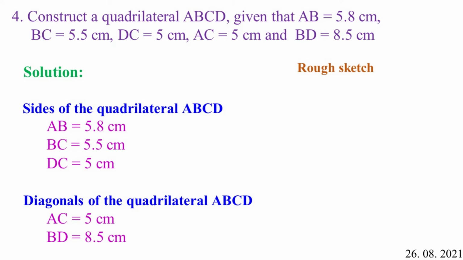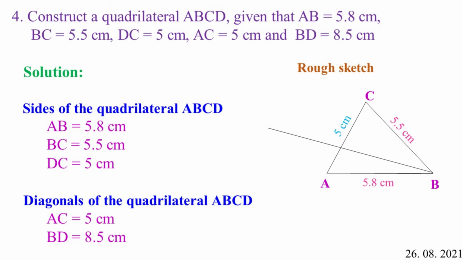Now, we have to draw a rough diagram. AB, AC and BC. Now, we draw BD, CD and AD. Mark the points and write the dimensions.